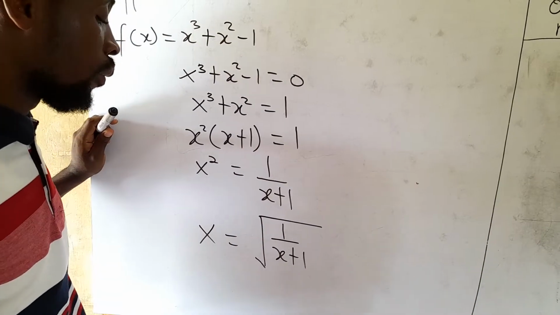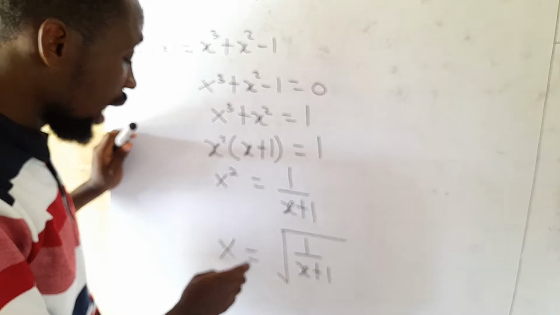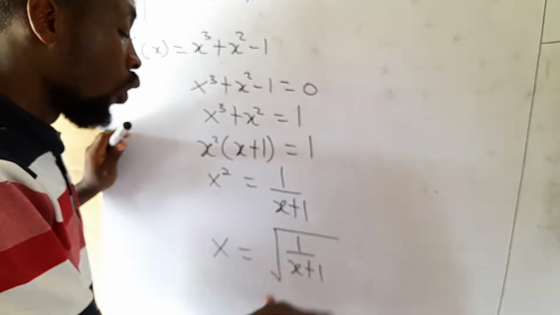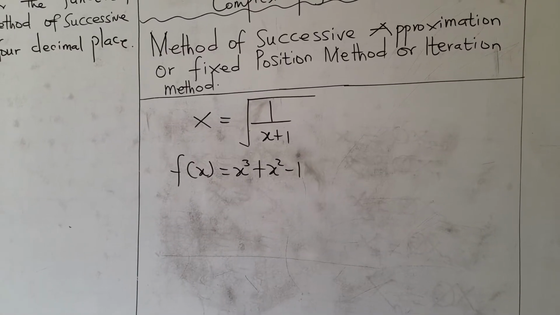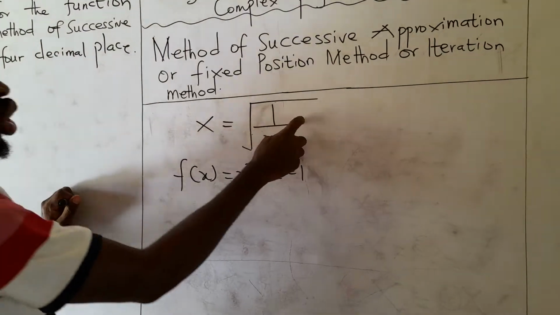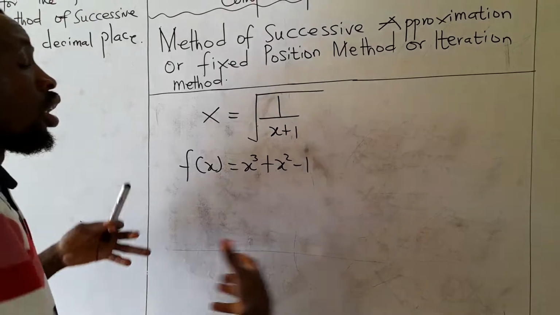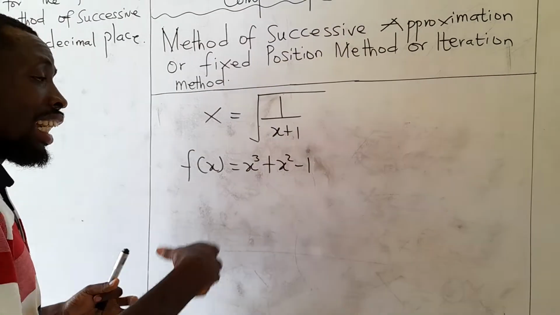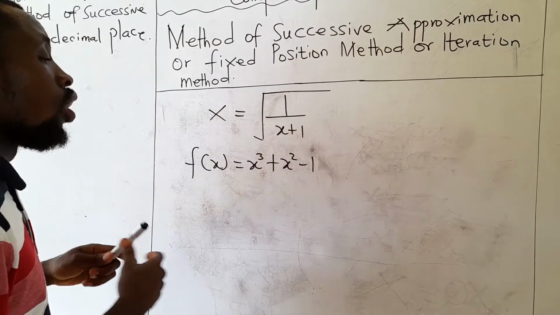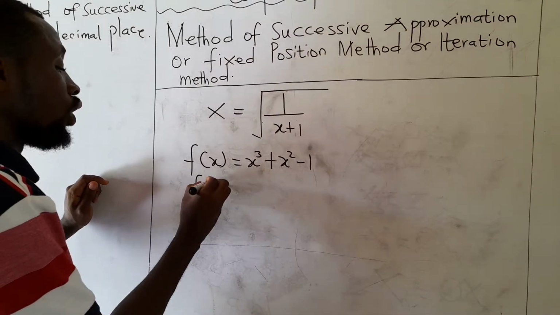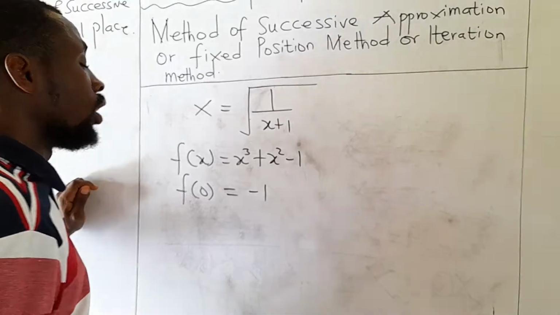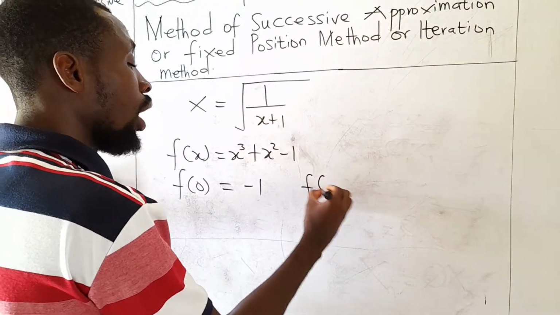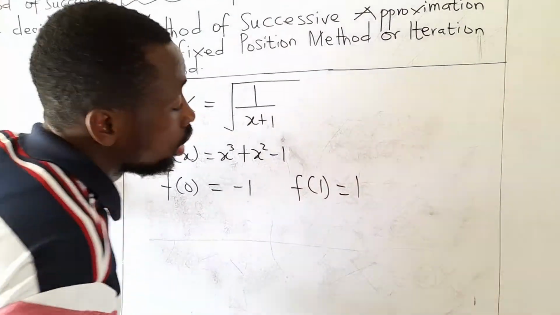Very, very important. After we make x the subject of itself, we find x naught. We find the interval where at least one root exists or occurs. So we find f of 0 using the location theorem. F of 0 will be -1, and our f of 1 will be 1.